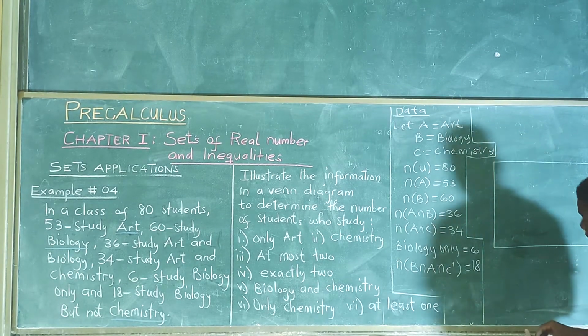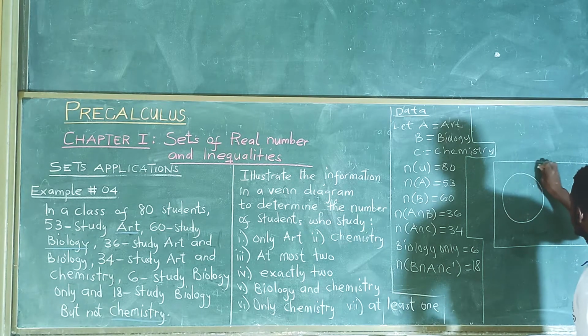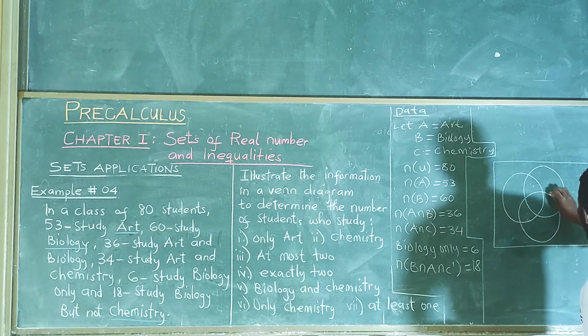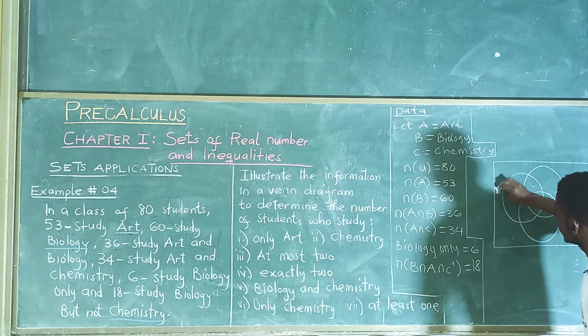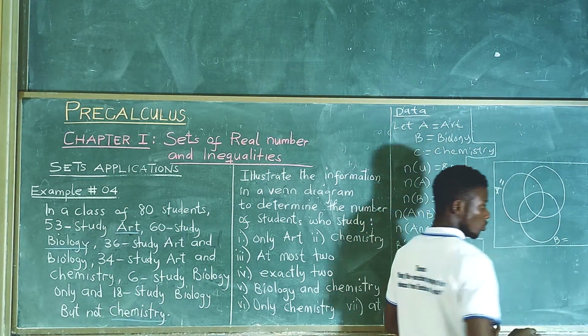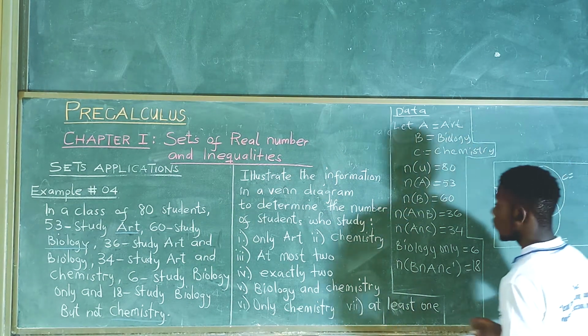In this Venn diagram we have the first set, the second set, and the last set. The first set is art, so I'm going to use this circle to represent art. I'm going to use this circle to represent biology, and this circle represents chemistry.